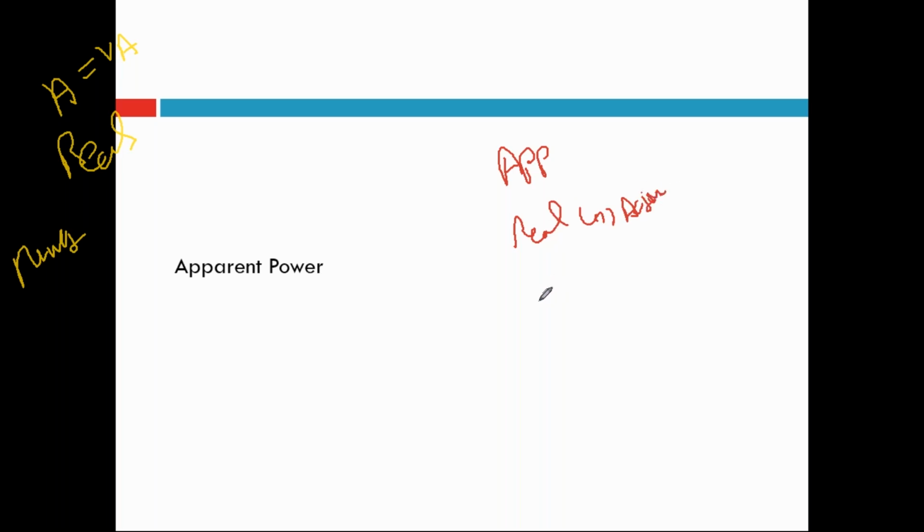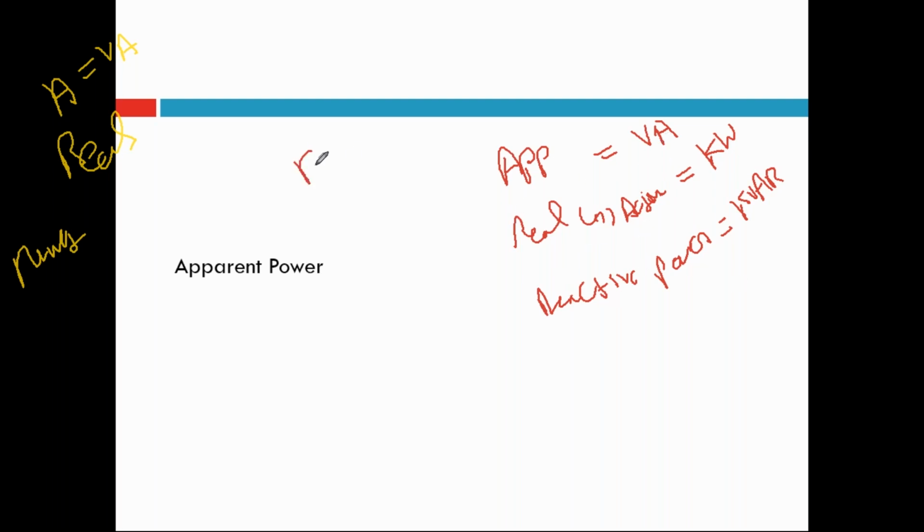And the next one is reactive power. Apparent power is represented in volt amperes, real power in kilowatts, and reactive power in kVAR, VAR. These are the units of apparent power, real power, and reactive power.